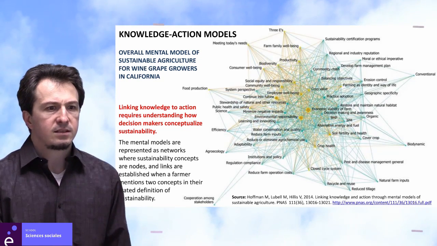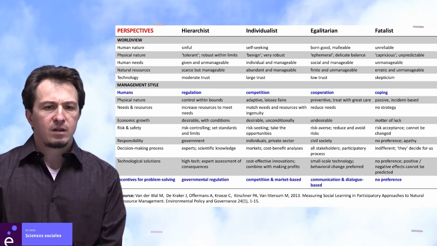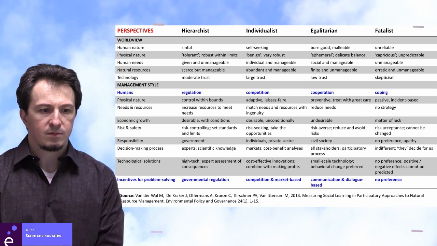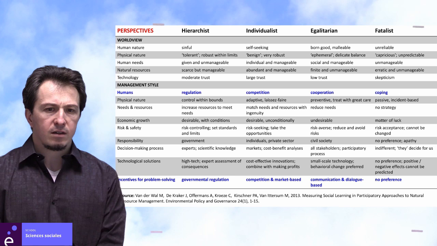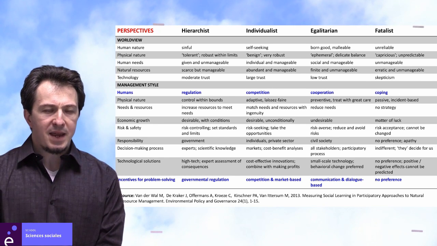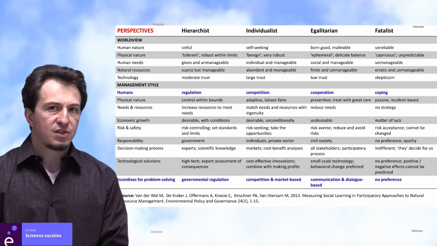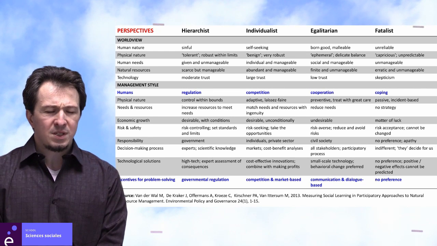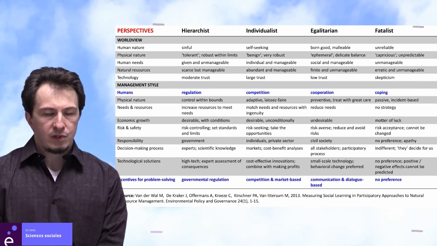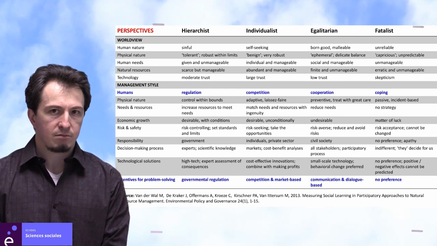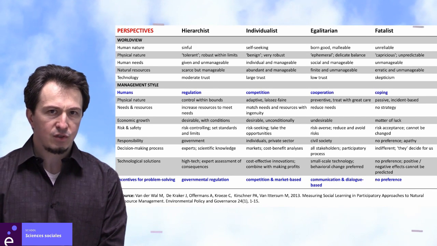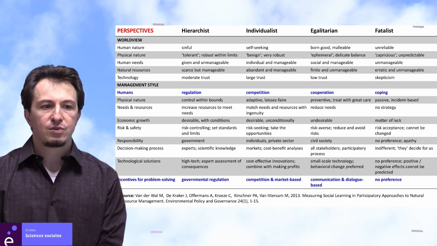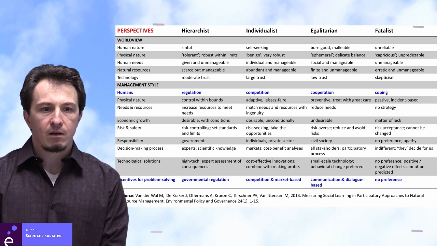In the next slide, I'm trying to clarify a bit, or rely on the work of some colleagues, to clarify different perspectives that these practitioners may have. And what is important is that there are different worldviews across the human population and professionals, and these worldviews also correspond to different management styles.